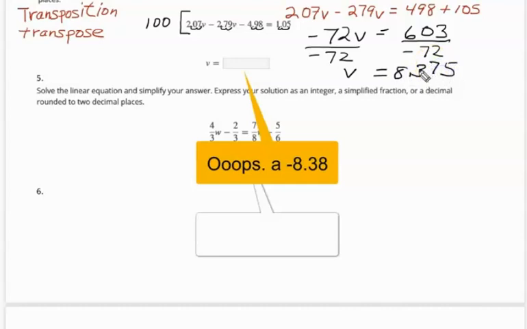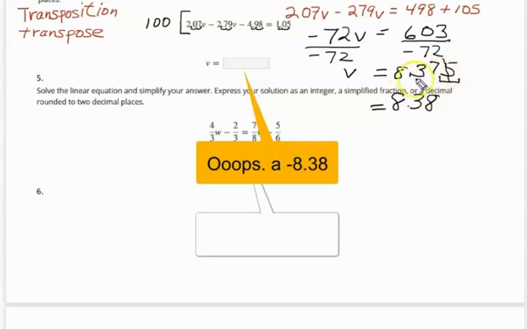8.375. Now, they want us to round this off to 2 decimal places. So I look at my third decimal place, it's a 5. When the third decimal place is a 5 or more, we drop the 5 and add 1 to the 7 here, and our answer becomes 8.38.